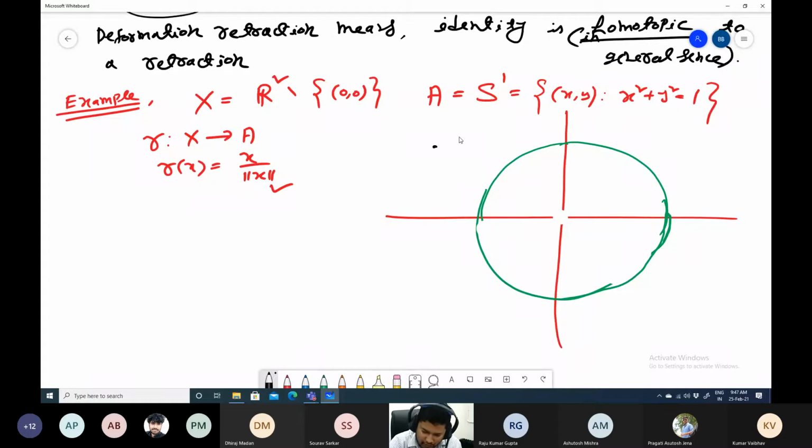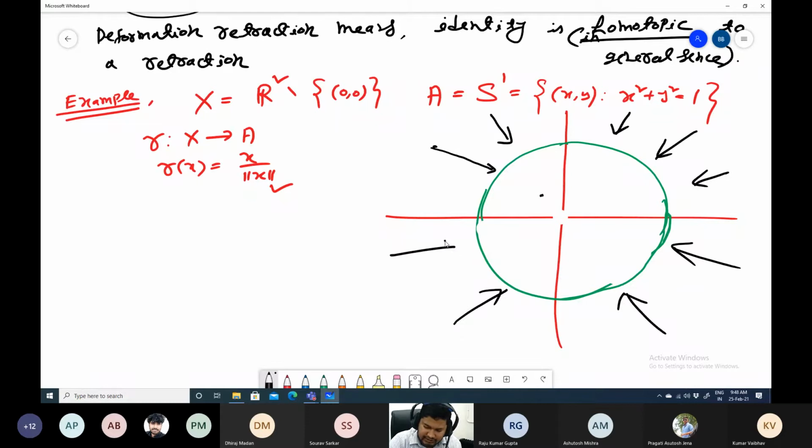All the points coming in this direction move in such a way that it follows the continuity as well. And similarly, the inside points move this way, again continuously.